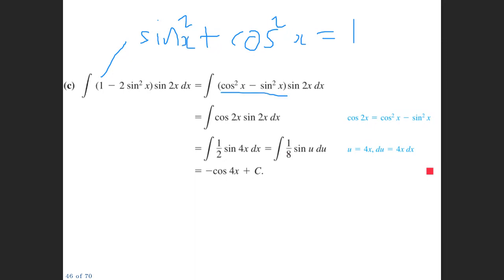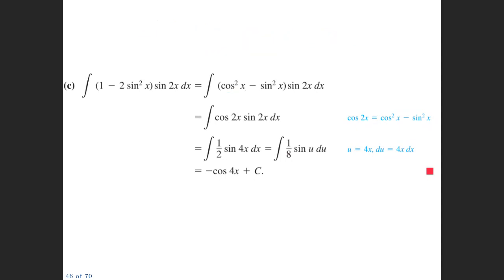The first bracket can be written as cos squared x minus sine squared x. But as it says in blue, cos squared minus sine squared is the same as cos 2x. And cos 2x sine 2x is the same as a half sine 4x.